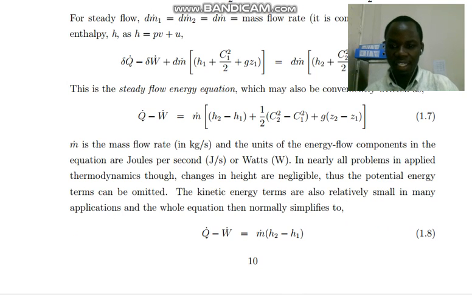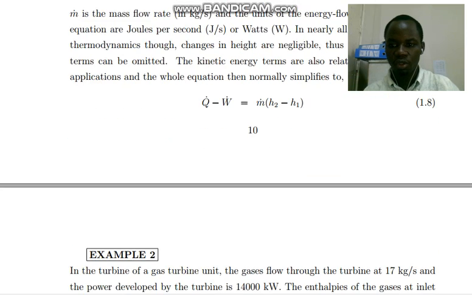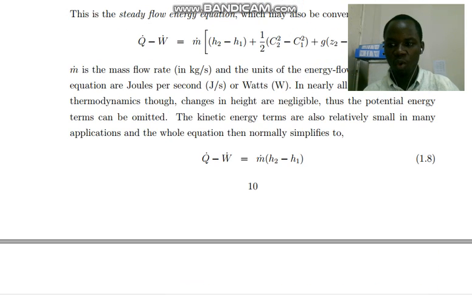The kinetic energy term is also relatively small in many applications, and the whole equation then normally simplifies from equation 1.7 to 1.8 by neglecting the kinetic energy and the potential energy because they are too small. So don't forget this equation. 1.8 is the most useful equation here.